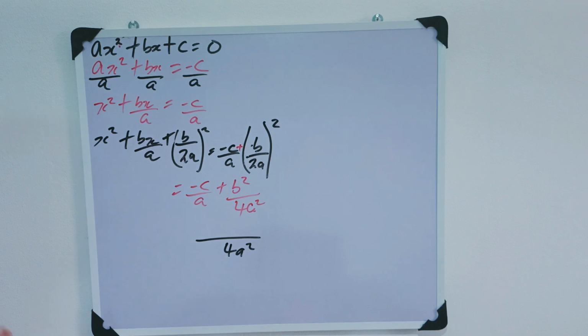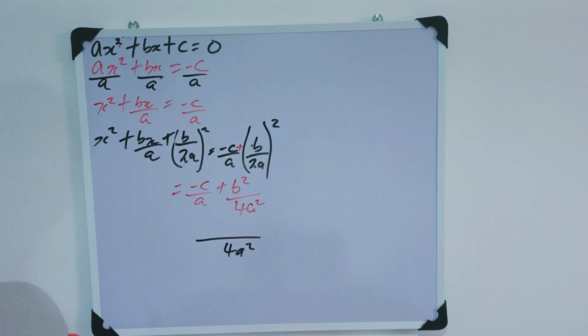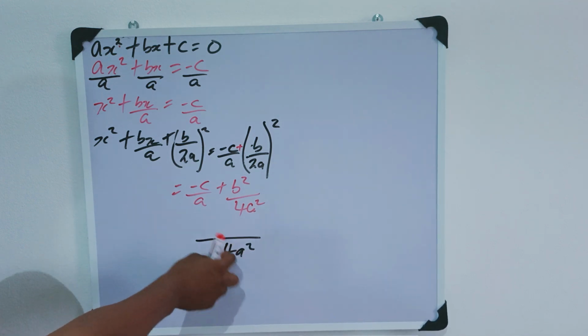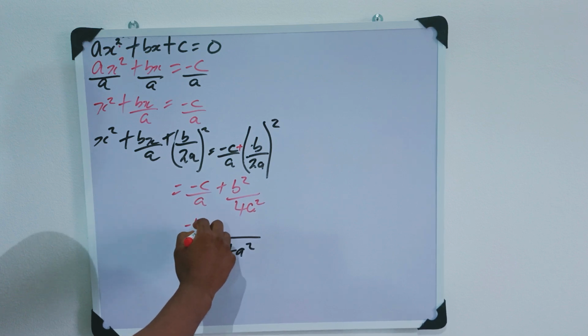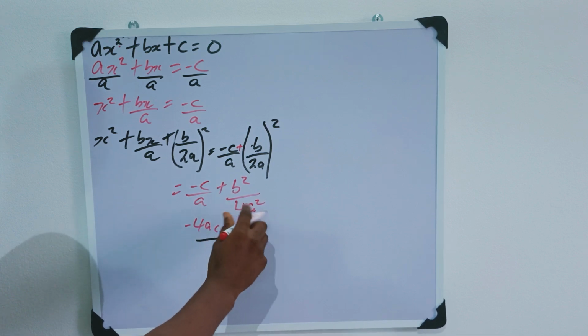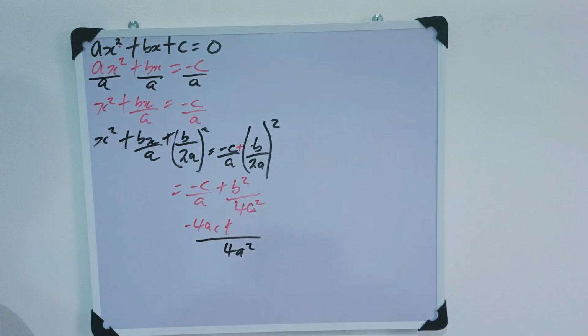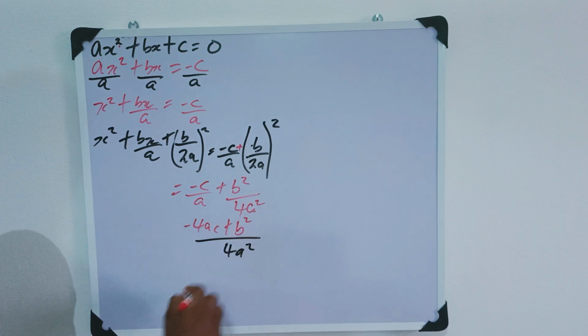The LCM of a and 4a squared is 4a squared. So a divides 4a squared, leaving us with 4a, because this a takes off one of the a's. And 4a multiplying negative c gives us negative 4ac, plus 4a squared dividing 4a squared gives 1, and 1 multiplying this gives b squared.